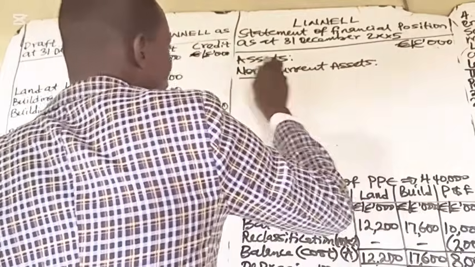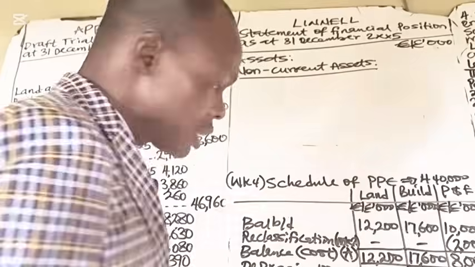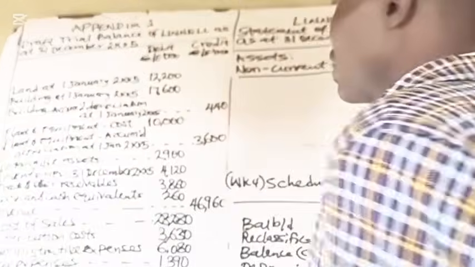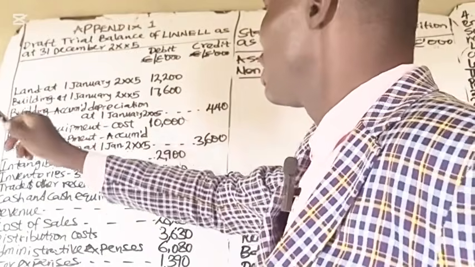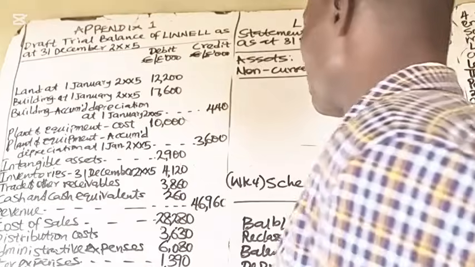Now, back to the trial balance. Our non-current assets include land, building, plant, and equipment.